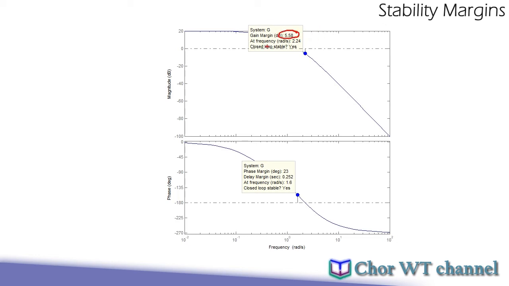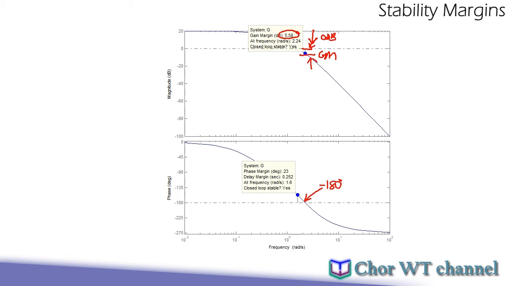First thing is that we have to identify the frequency when the phase is equal to -180, and then we look upwards and measure the distance between here and 0 dB. So the distance from here to here will be our gain margin, but take note there's a sign difference.